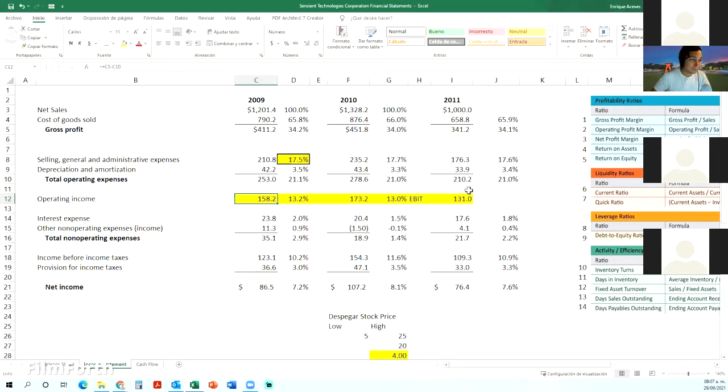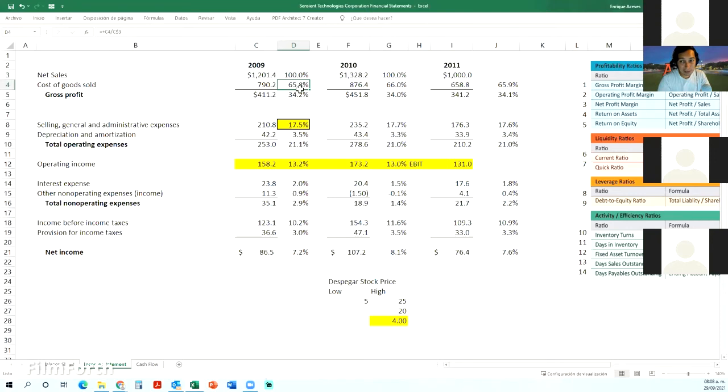Each half year. Did you see how we just forecasted 2011? So now you can analyze where you are spending the money from the sales. 65% goes directly to the cost of your product.